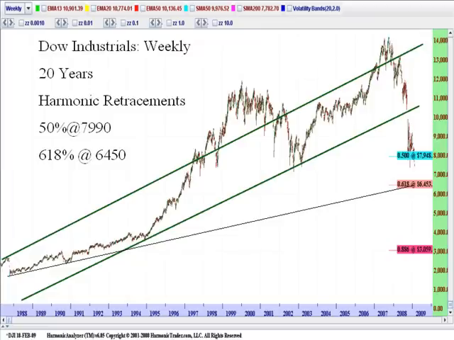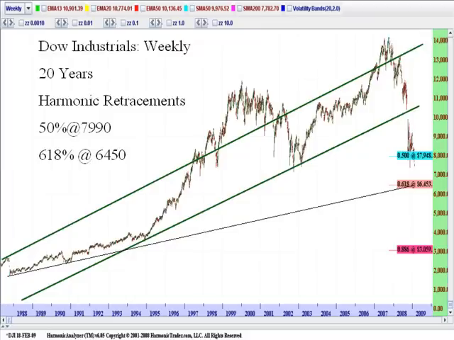People that have studied harmonic trading and understand how these patterns unfold, and how harmonic ratios unfold, know that even if this eventually fails, more likely than not we're going to see some type of bounce at this major level.